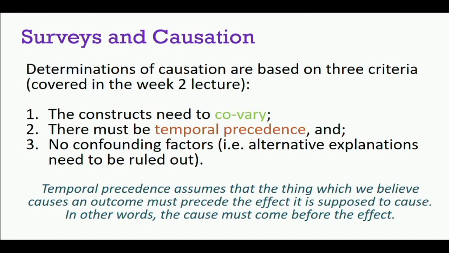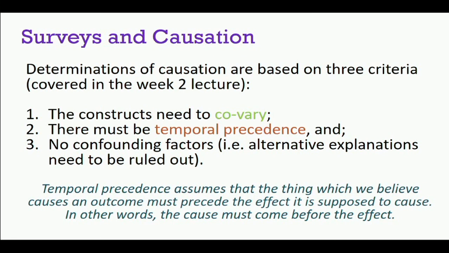There must be temporal precedence, and this is a term that we'll be referring to again and again in longitudinal designs. So the IV precedes the DV. We also need to rule out any confounding factors. So there are alternative explanations that need to be ruled out. So, for example, a spurious correlation, the existence of a third variable that explains the causality.